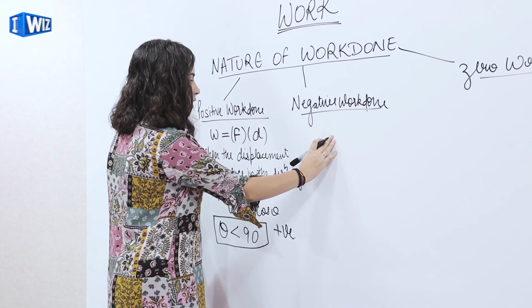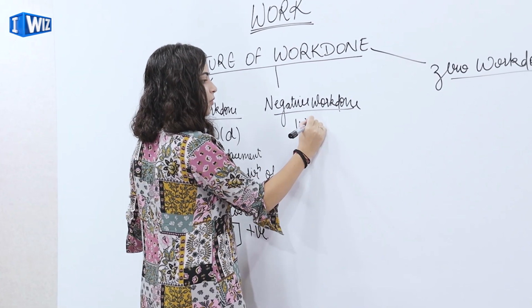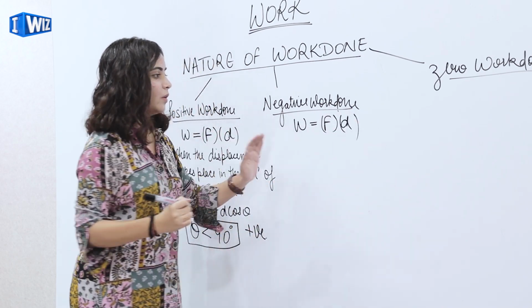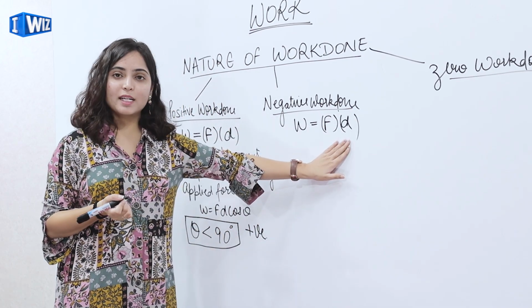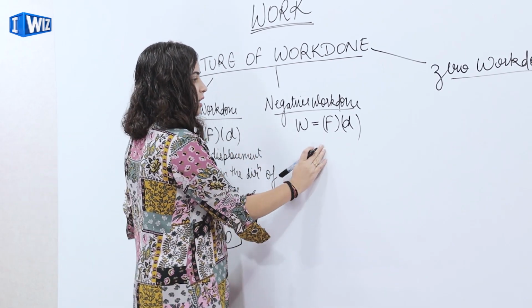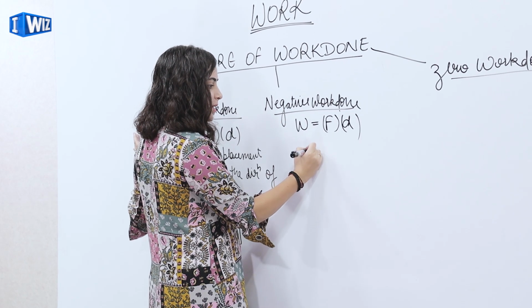Now negative work done. Again, work done is equal to force into displacement. When the displacement takes place in the opposite direction of the force, then the work done is said to be negative.